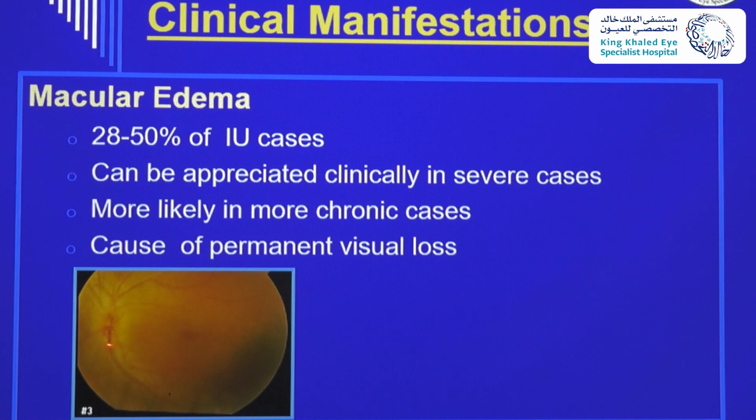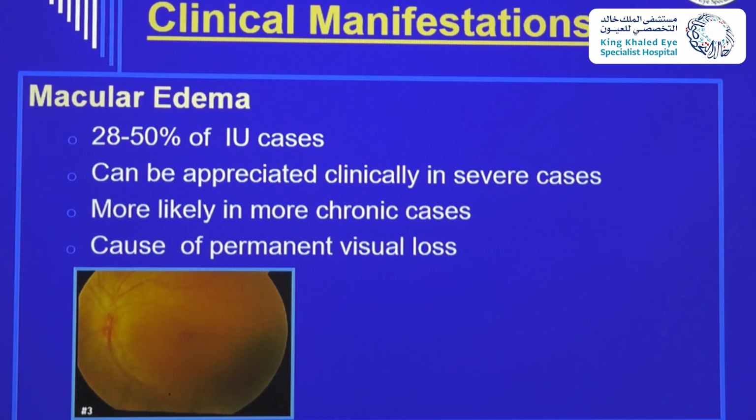See here how much. And after treatment, this is another common complication of intermediate uveitis, macular edema, in 30 to 50% of patients with intermediate uveitis. So when you are seeing intermediate uveitis, think about cystoid or uveitic macular edema.